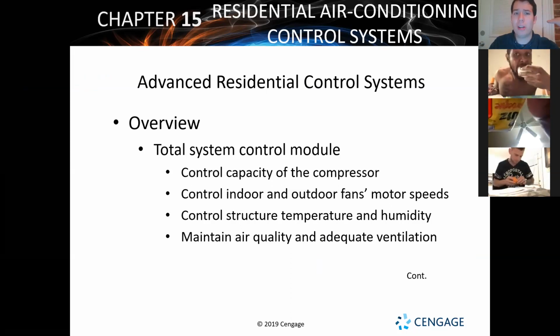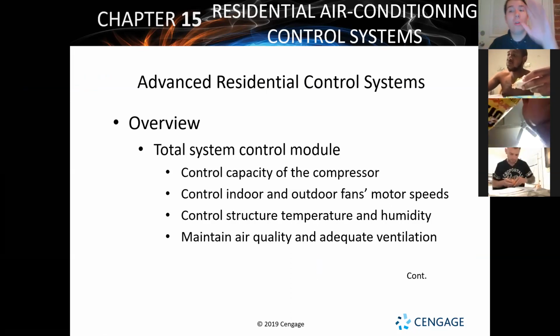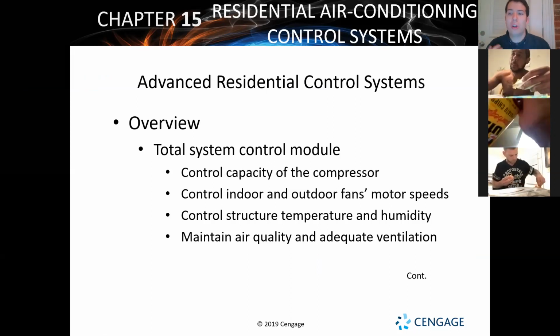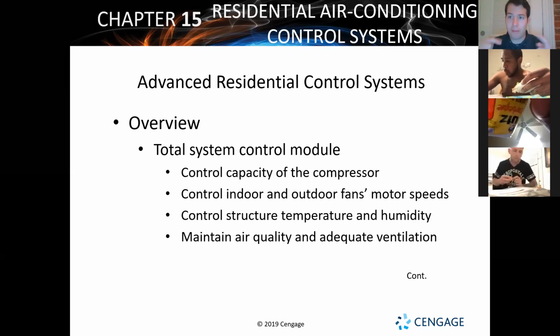Total system control modules, as far as modern advanced residential air conditioning systems go, this is where we're talking about these more complicated systems where it's no longer just a 24-volt signal being sent back and forth. Also, information is being shared between the outdoor unit, the indoor unit, and the thermostat. Those three are linking up back and forth to each other.